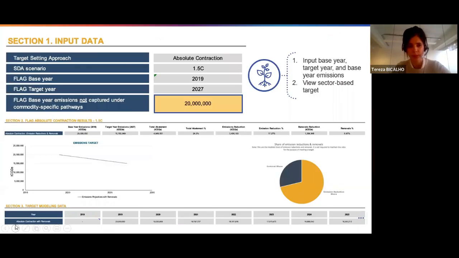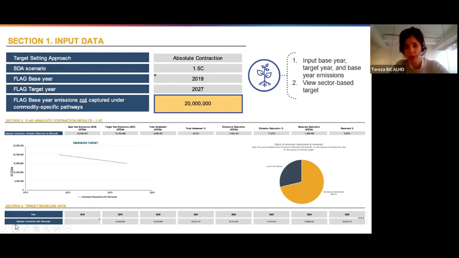Next, please. So Company C will be using the sector pathway to calculate a FLAG target for all its land-based emissions. And this is how the FLAG sector tool looks like. Companies need to enter the base year, the target year, and the FLAG base year emissions.